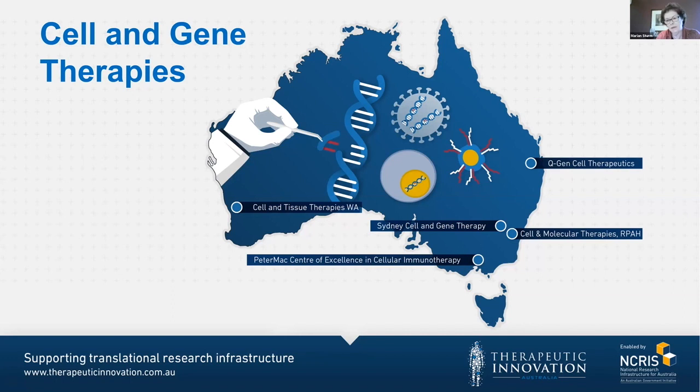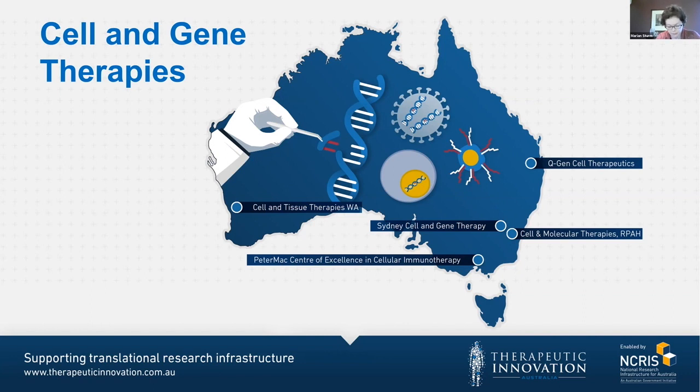Collectively, the facilities have experience in various types of cell and gene therapies, including, as Stuart mentioned, tissue engineering from our own site, gene therapy vectors, CAR T cells, which are genetically modified T cells to fight cancer, immune and non-immune cells, and islet cells for transplantation.